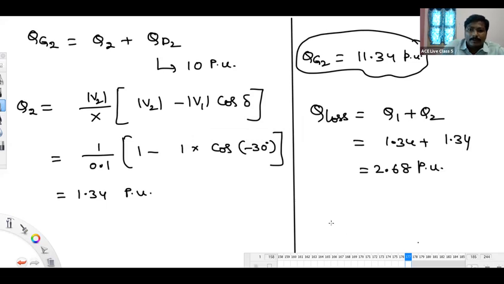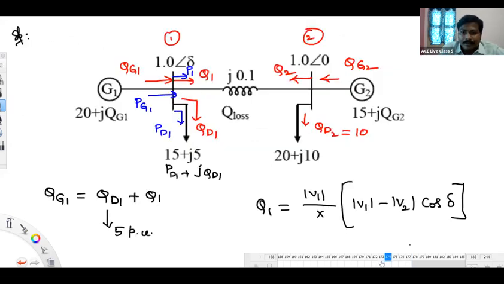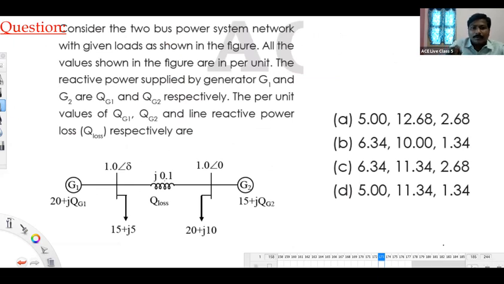Okay. Look here, please. By looking at this problem, we come to know one thing: bus 1 voltage magnitude and bus 2 voltage magnitude are equal. If both buses have equal magnitudes, then definitely this bus will inject some reactive power into the line. This bus will also inject some reactive power into the line.